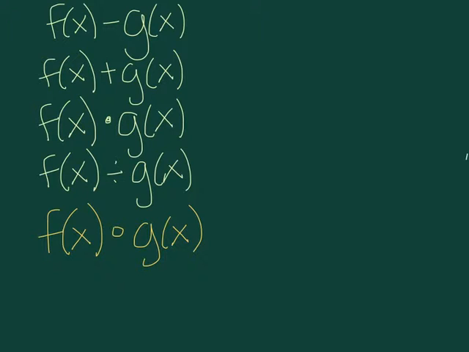This little circle sign, that tiny little o, means that we're going to put one function inside of another. So this is really going to look like f of g of x. You can see how we've embedded g of x inside f of x. So let's look at an example.